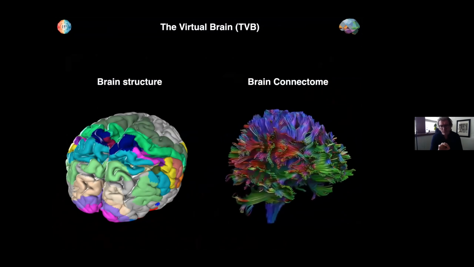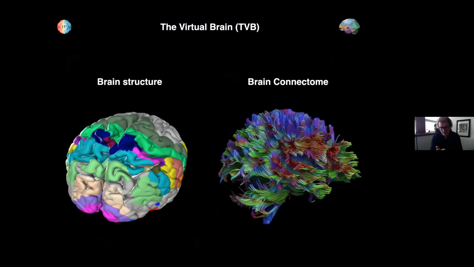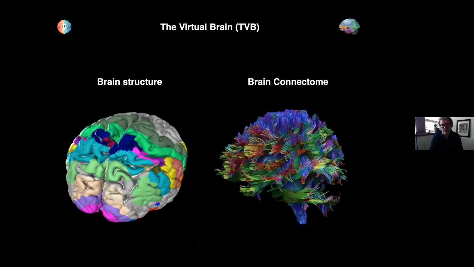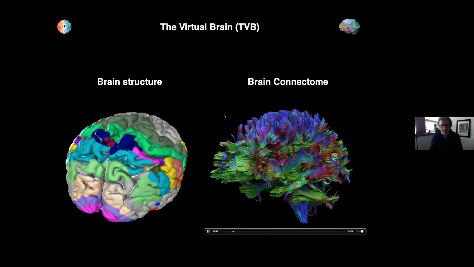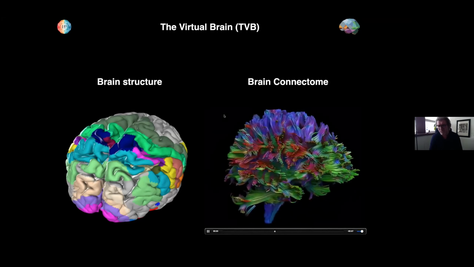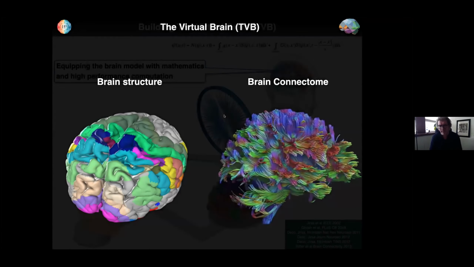We are extracting information from the MRI. It's individual information that allows us to constrain the brain structure, the cortical and subcortical surfaces, and using diffusion imaging, we can extract the connectome.